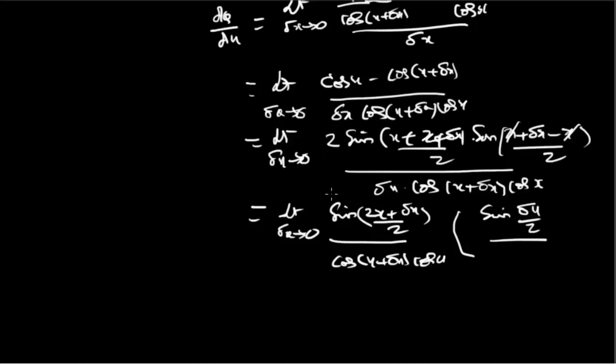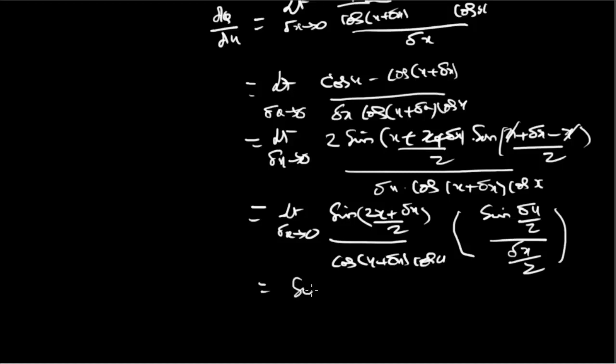The numerator 2 can be brought into the denominator of the denominator, so that it is in the standard form. This bracket, sin theta by theta, theta tending to 0 is 1. So that bracket becomes 1. In the rest of the thing, wherever delta x is there, you write 0.